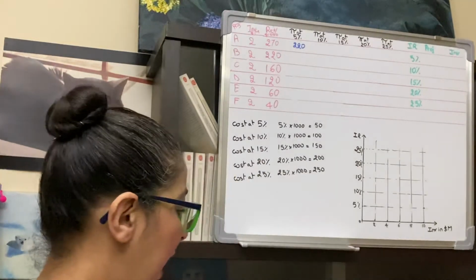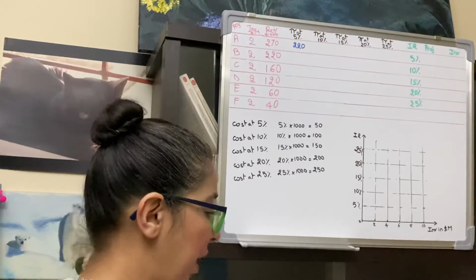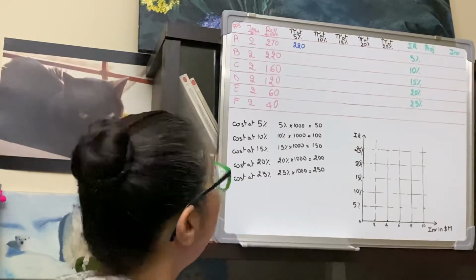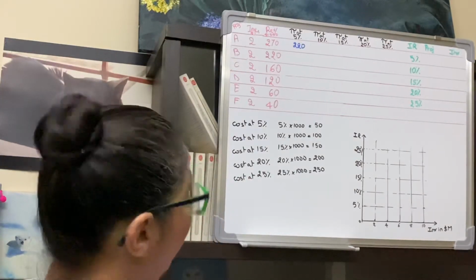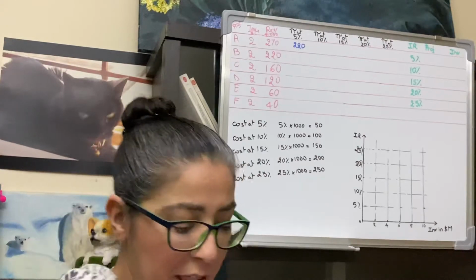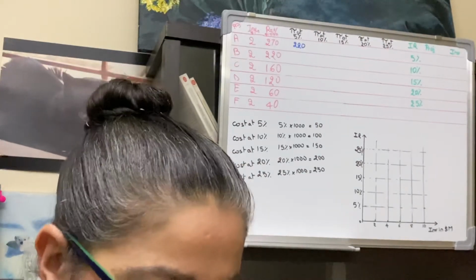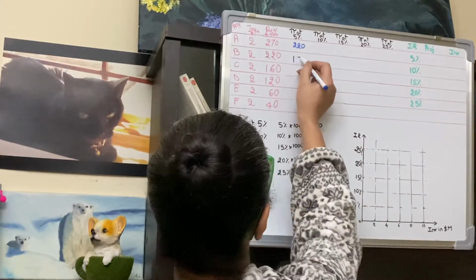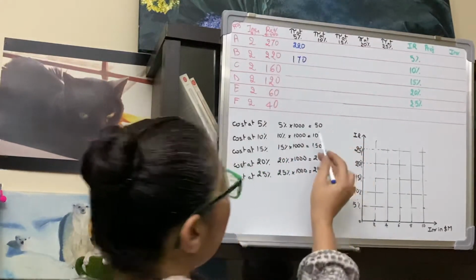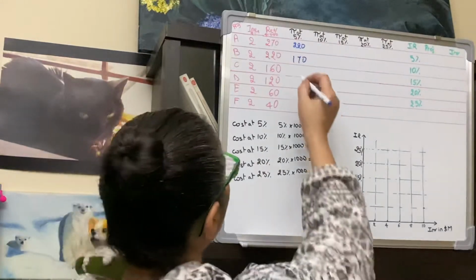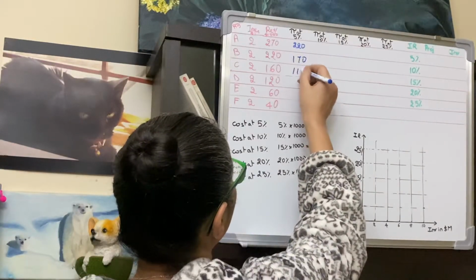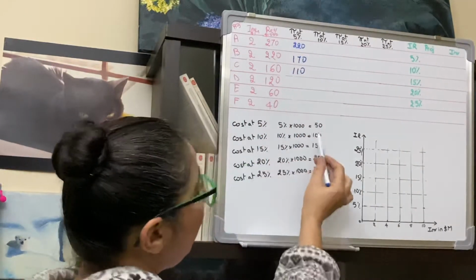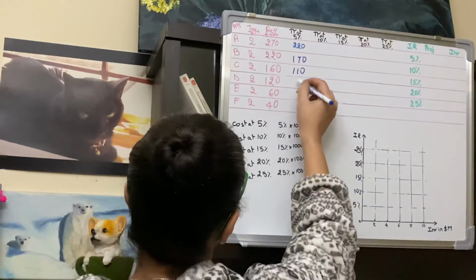So I have 270 minus 50, that would be 220. I have 220 minus 50, that would be 170, okay? So here I have 170. I have 160 minus 50, that would be 110. I have 120 minus 50, that would be 70.